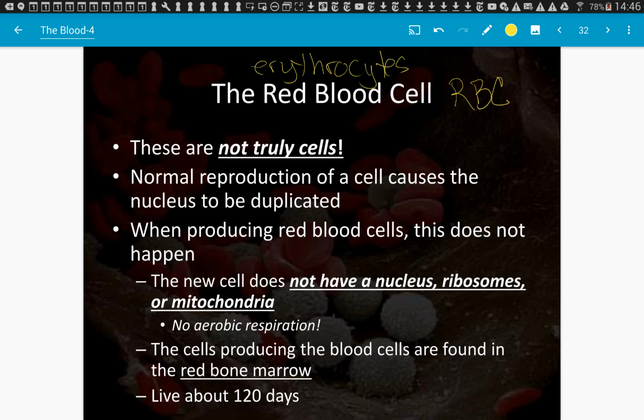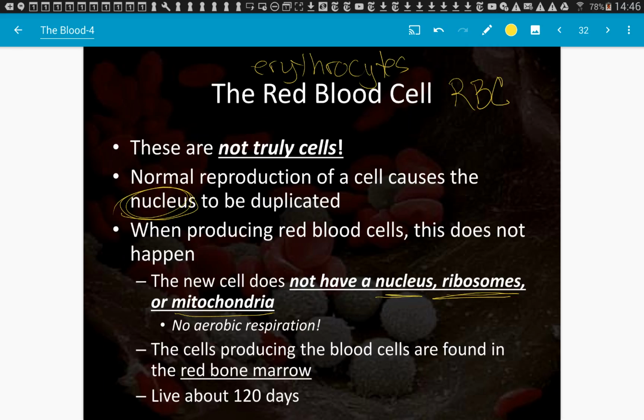So as we talked about before, red blood cells are not true cells. And the reason they are not true cells is there is no nucleus, okay? So no nucleus, no ribosomes, or mitochondria. So it is not able to do cellular respiration and make energy.